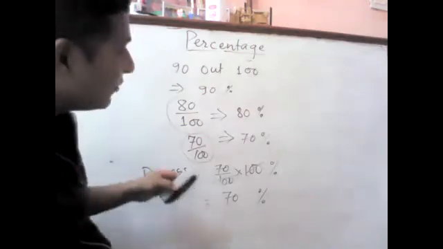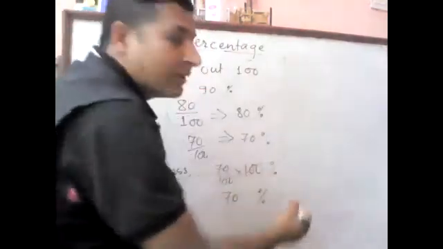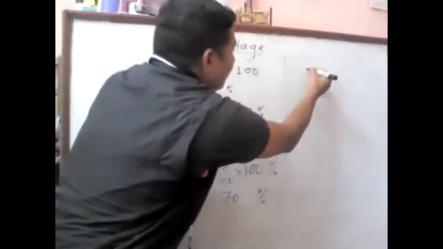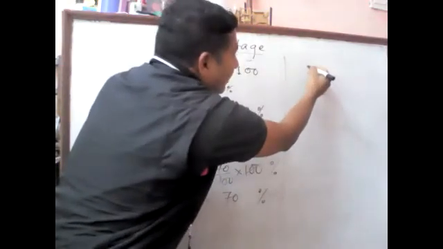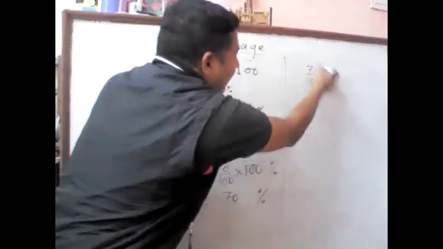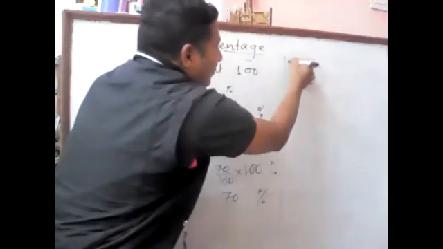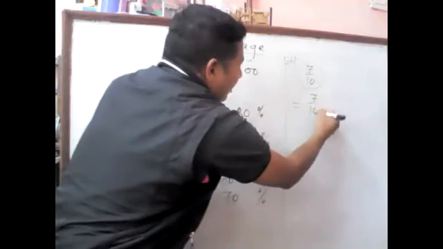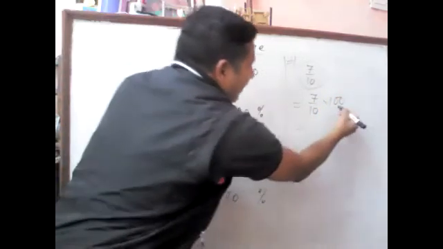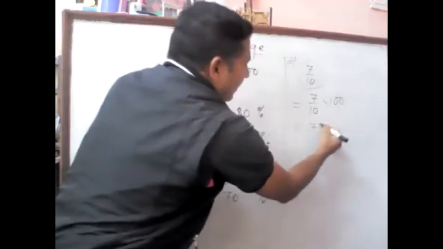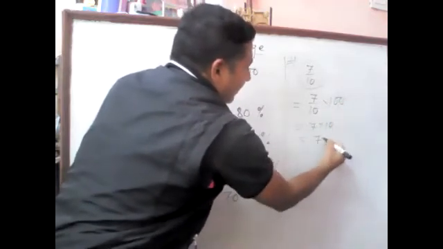In the same way, suppose the full marks are 10. If you get 7 out of 10 and we multiply by 100, we get 70.